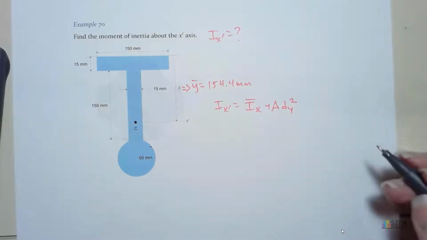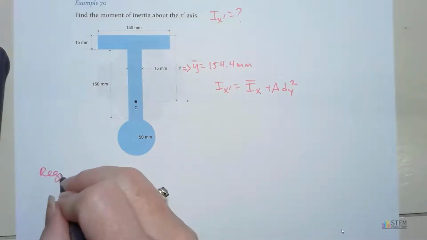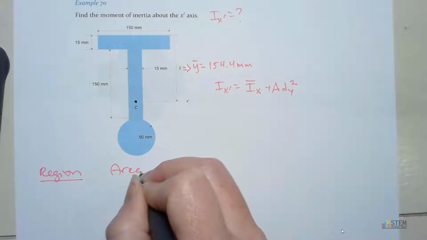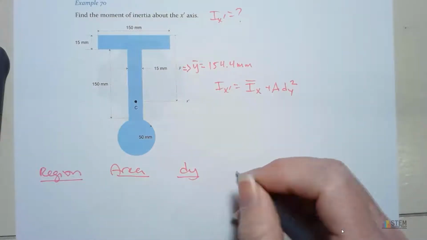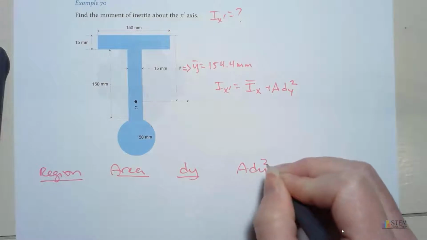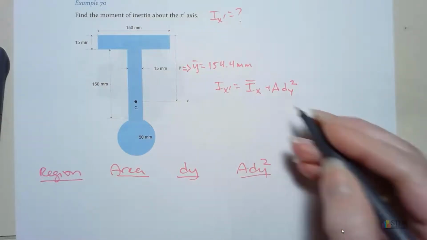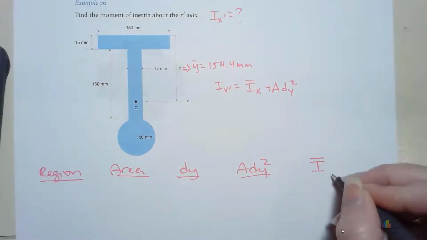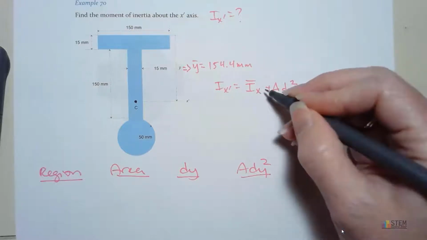Now let's go ahead and create our table. We're going to have region, we'll have area, and I need dy, then I need the area times dy squared, and then we need this term right here. So let's call this I bar, and if you want, you could still call this x prime.